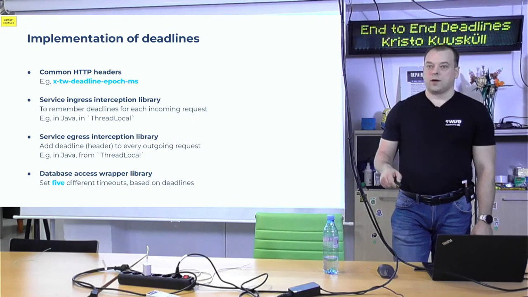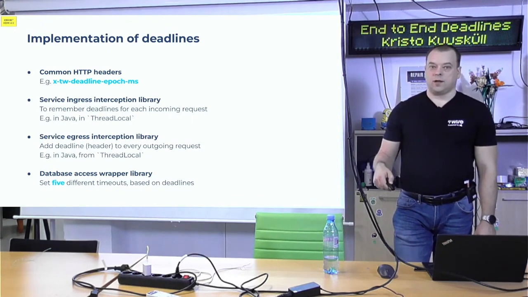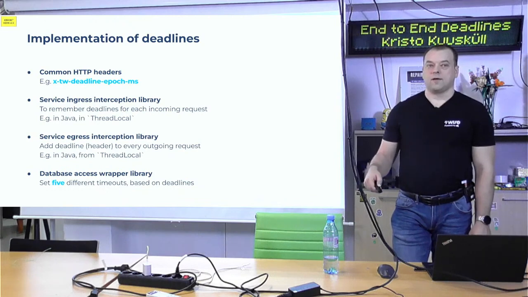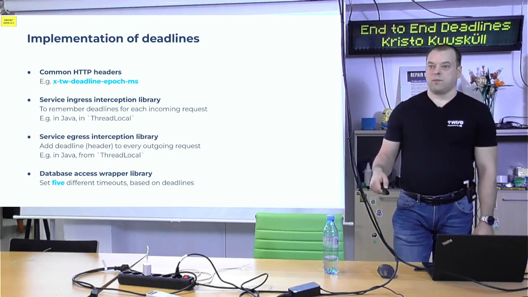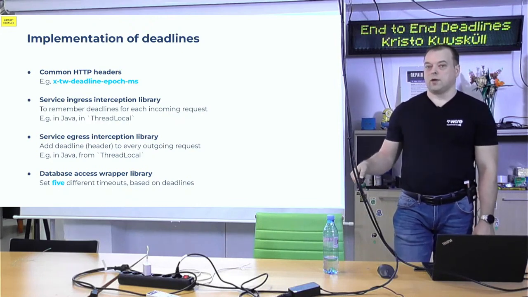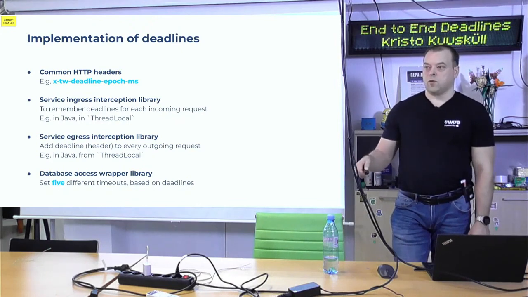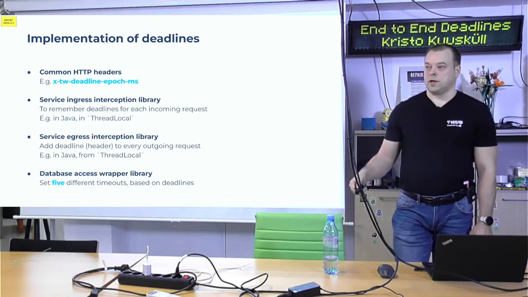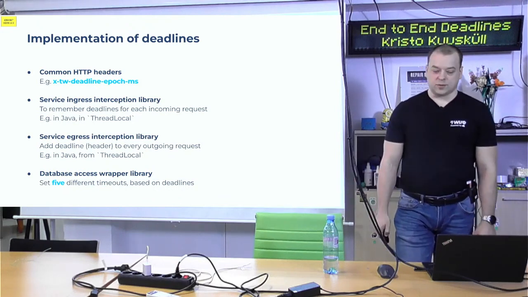In order not to manually propagate the deadline for every single service call implementation, we should have a library which automatically intercepts all outgoing requests from the service and adds this header to those requests as well.